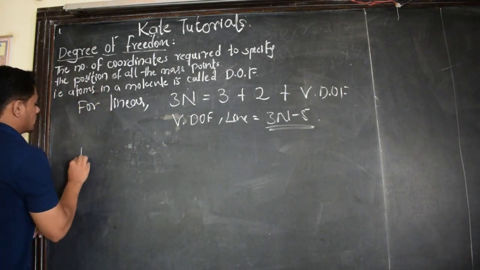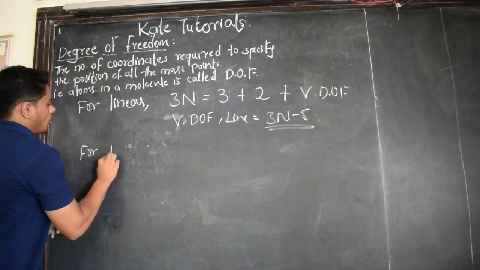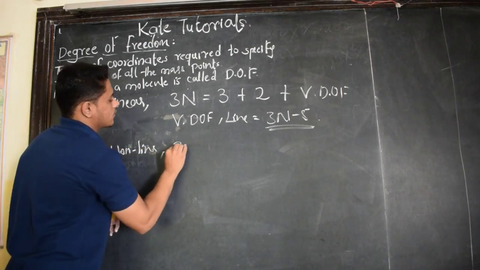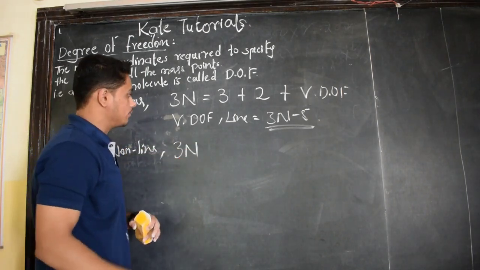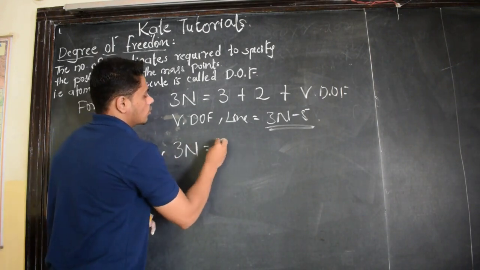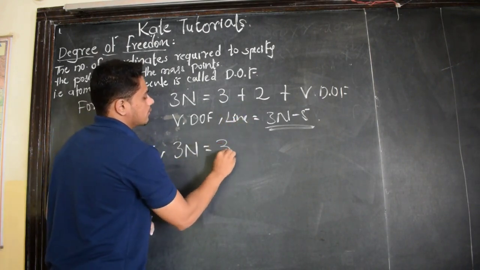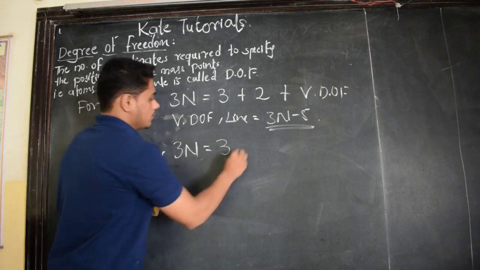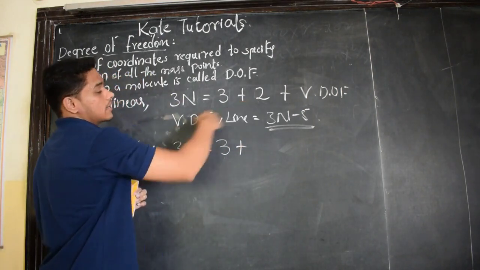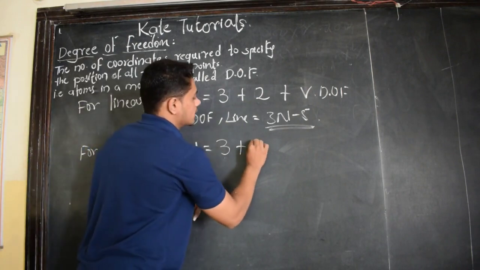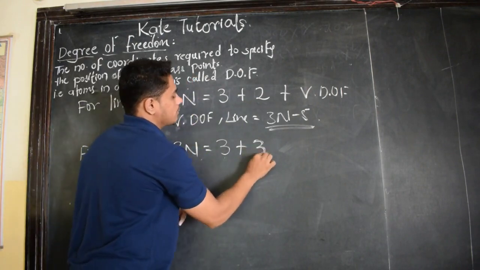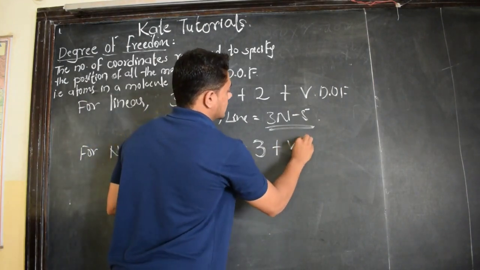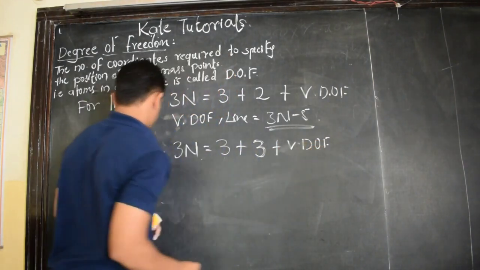If our molecule is non-linear, 3n will be the total degrees of freedom, and we have only movement of mass points, and to locate a mass point we require only 3 axes, so 3, plus for non-linear the rotational energy will be in the XYZ planes, so 3 degrees of freedom are required, plus vibrational degrees of freedom.